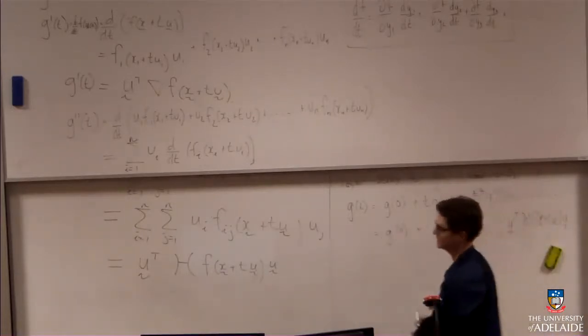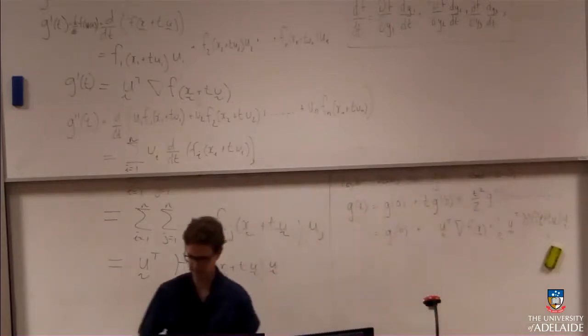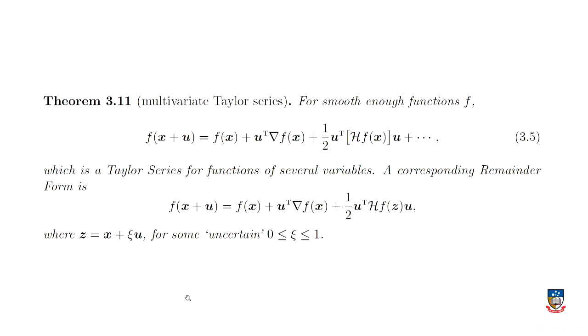So come back to my picture here. Hopefully, what you should be able to do is identify each of the terms in this expression with these derivatives. So that's a long-winded way of showing you that the multivariate Taylor series is exactly the same, and in fact, it comes from the 1D Taylor series.